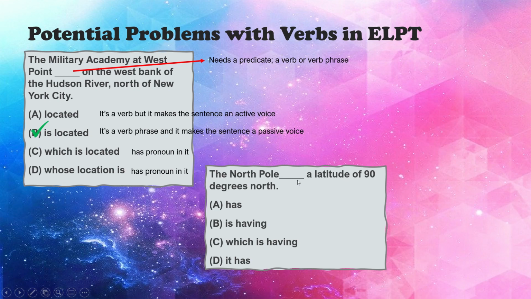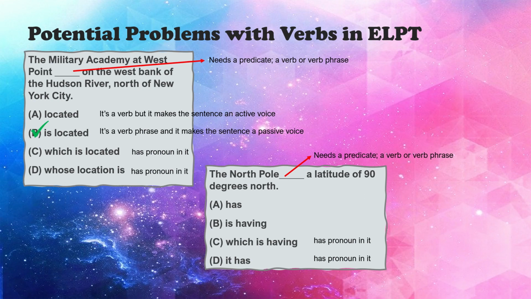Therefore, what is lacking is a predicate, so we need a verb or a verb phrase. These two have pronouns in them, "which" and "it." Therefore, these two are the incorrect choices. And we have "has" or "is having."